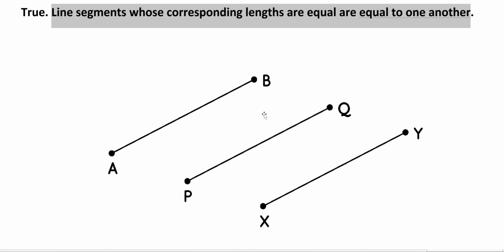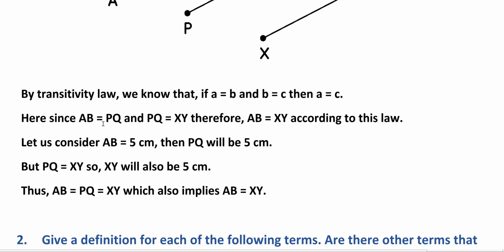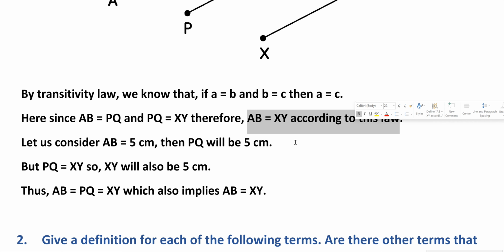AB equals PQ, PQ equals XY, then AB equals XY. By the transitivity law, we know that if A equals B and B equals C, then A equals C. Here, since AB equals PQ and PQ equals XY, therefore AB equals XY according to the transitivity law.